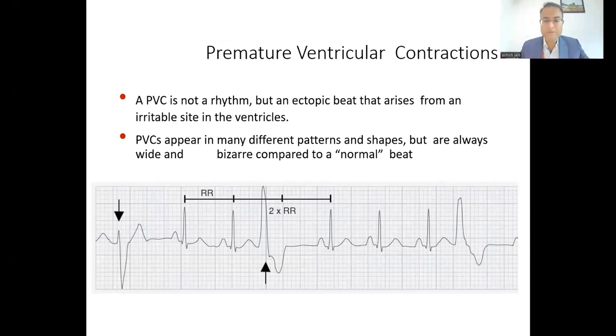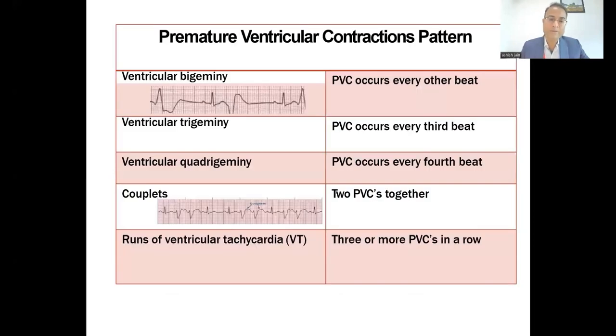First is premature ventricular contraction, or PVCs. Here you can find, in a normal ECG pattern, some broad complexes appear. These broad complexes do not have any P wave. The QRS duration is big, more than 0.12 seconds. When these complexes appear after each and every beat, it is called ventricular bigeminy.